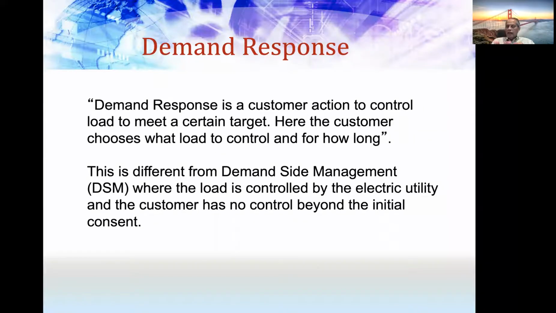Why did the power company turn my AC off? Because they wanted to save 5 kilowatts, that's the load, from my air conditioner. What I'm saying is, don't turn my AC off, give me a target. You, power company, tell the customer, give me 5 kilowatt savings so I can deal with the peak challenge the power company is facing.